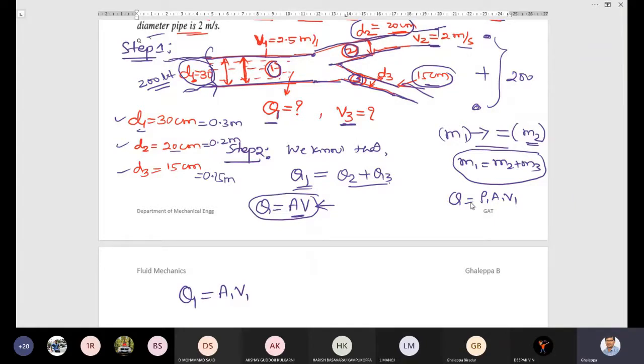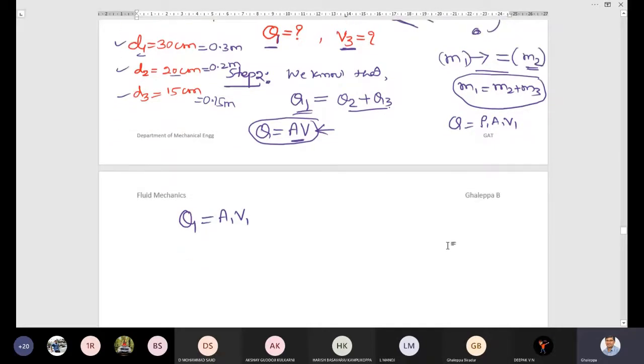So now I will calculate the areas separately. A1, the area of the first pipe, is pi by 4 D1 square. So pi by 4, now D1 is 0.3 square. A1 is 0.07068 meter square. If you have a calculator in your hand, you can cross check whether it is right or wrong.